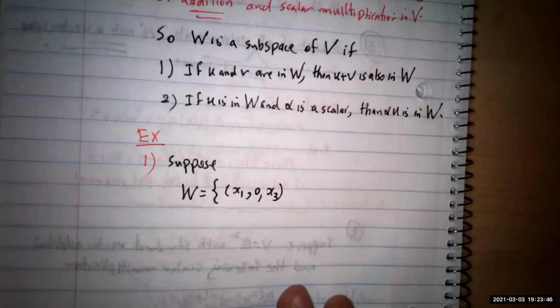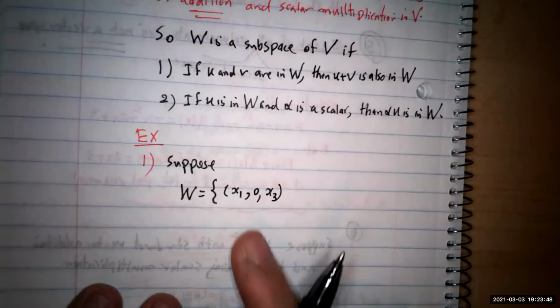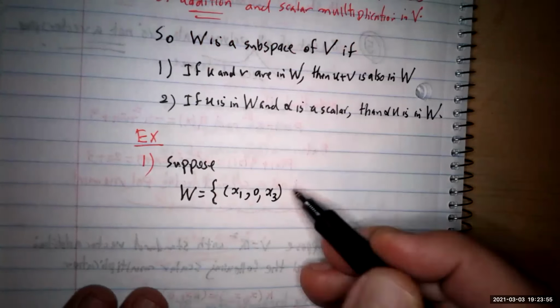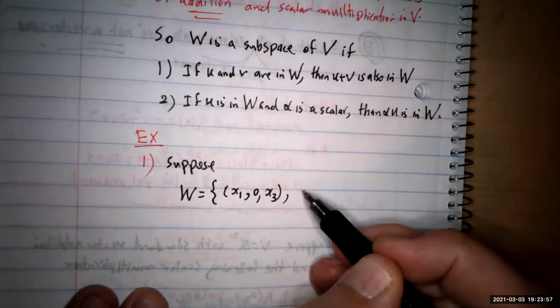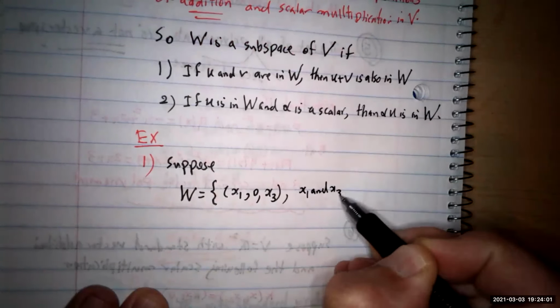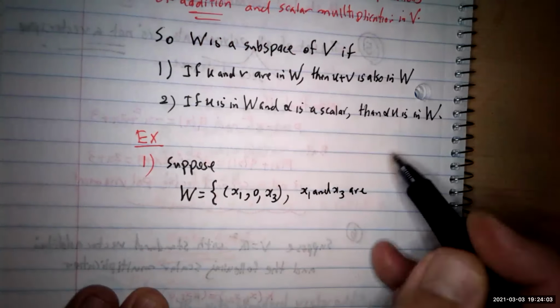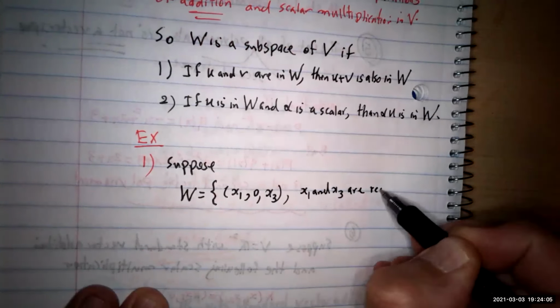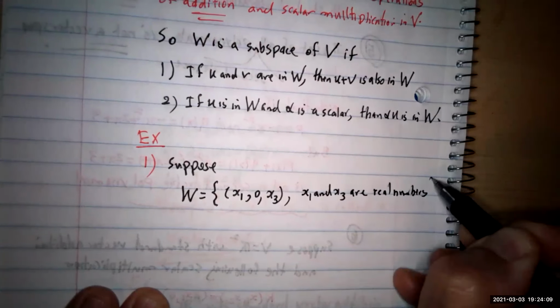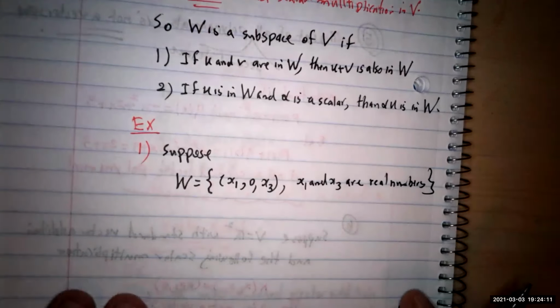It's going to be all the vectors whose middle component is going to be 0, where x1 and x3 are real numbers. So this is going to be the set of your points.